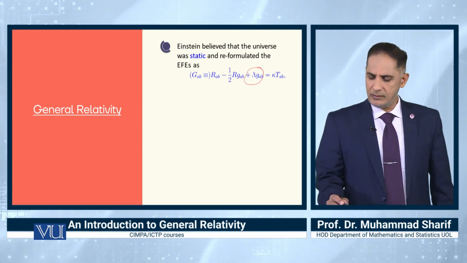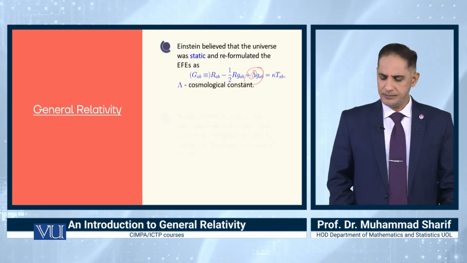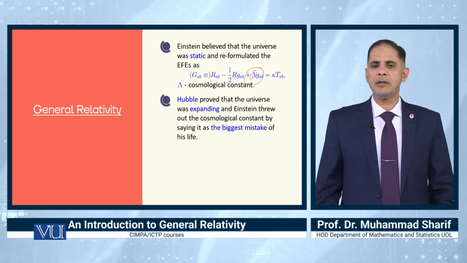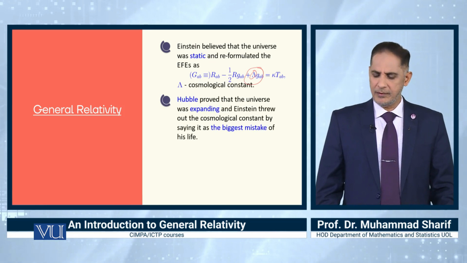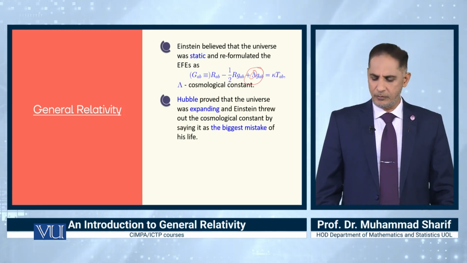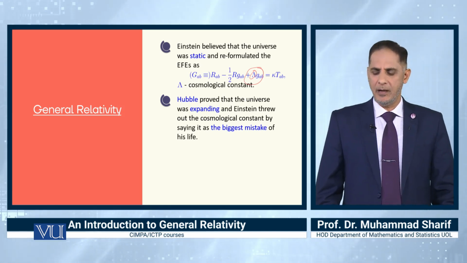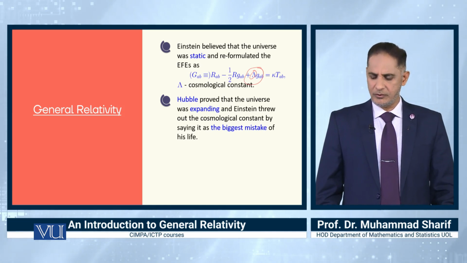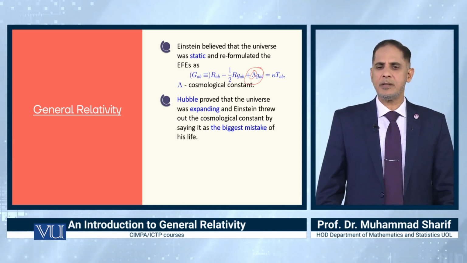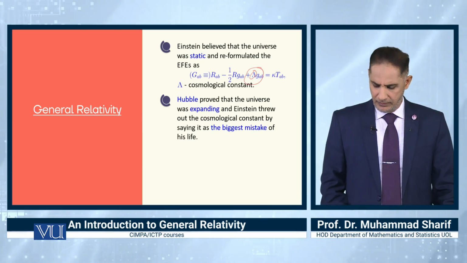This is the well known cosmological constant, but later on Hubble proved that the universe was not static but expanding. So, Einstein accepted the idea and threw out the cosmological constant from his equation, saying that it was the biggest mistake of his life.